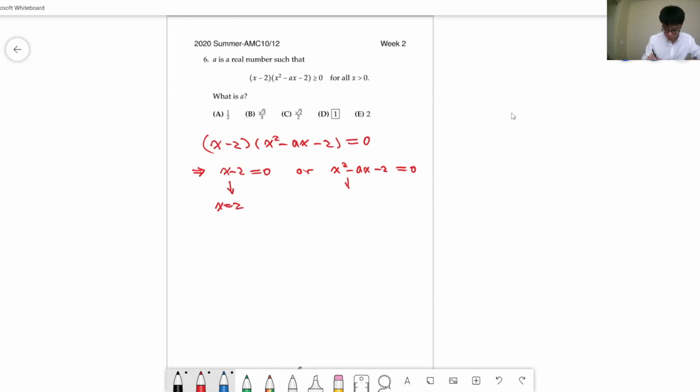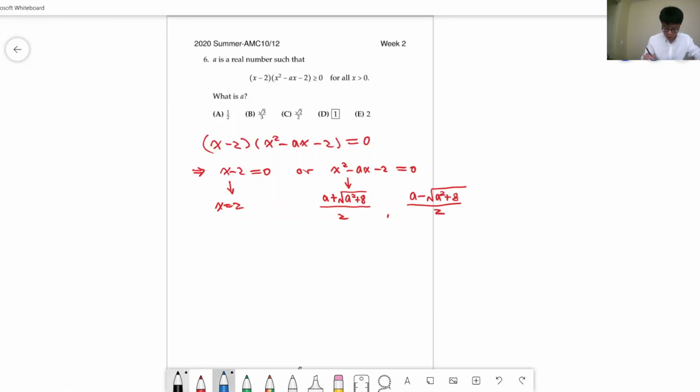From the second part, we see that there are two solutions. So it's 1/2 times (a plus square root of a squared plus 8), right? And then we also have (a minus square root of a squared plus 8) divided by 2.